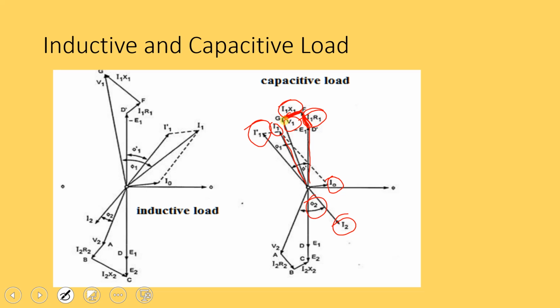Similarly on the secondary side we are having this current I2. Parallel to this current we draw I2 R2 after this V2, and then this 90 degrees, and this is about the capacitive load.